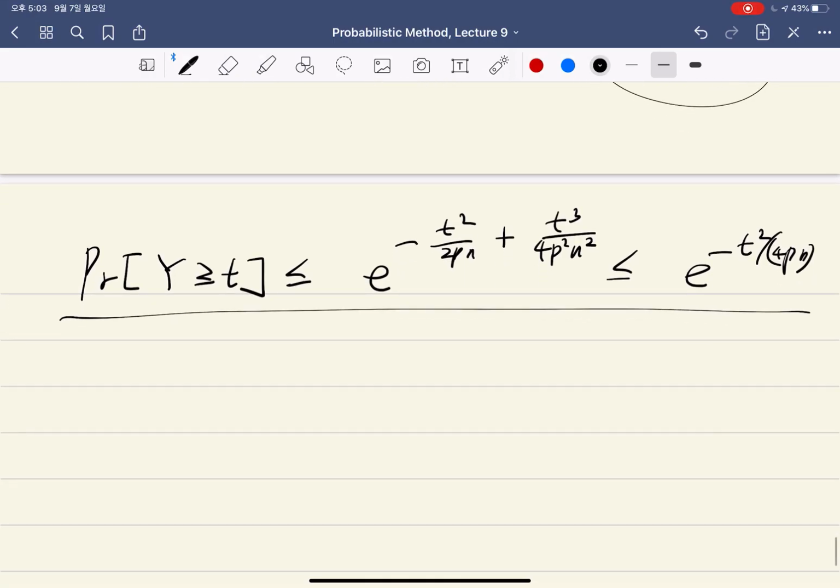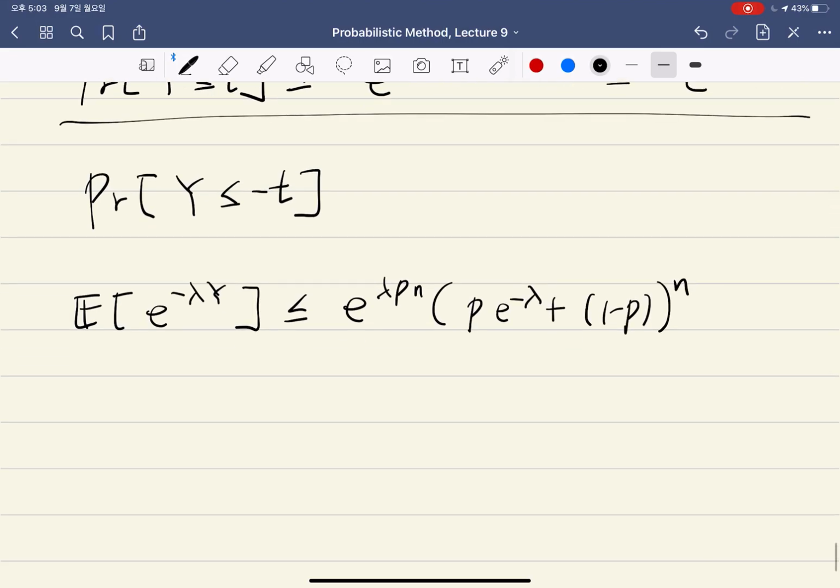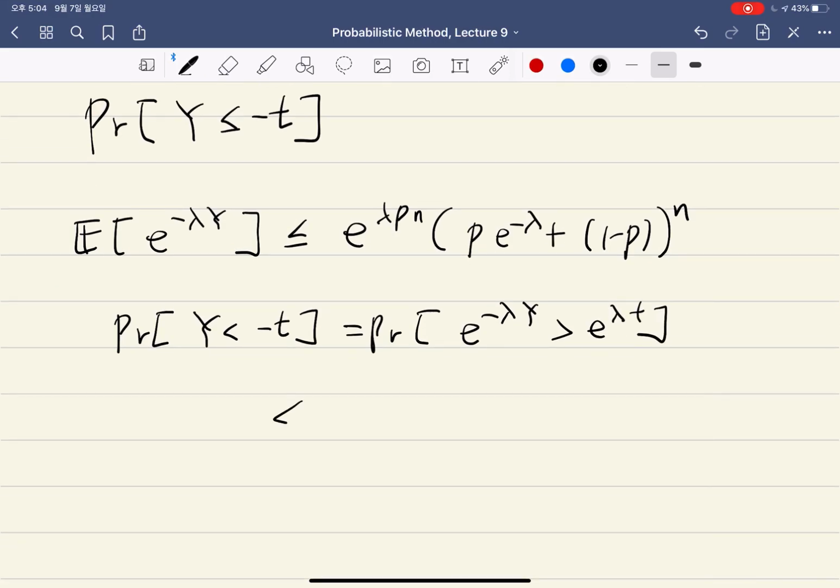So we get this, and then for the other direction, the probability that this is smaller than t, we also have to prove this. Similarly, we compute this expectation, and we can show that this holds.